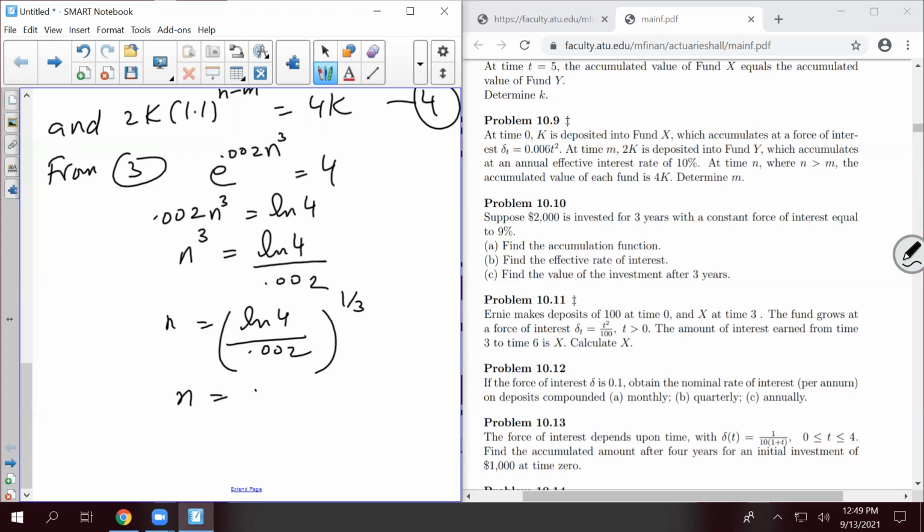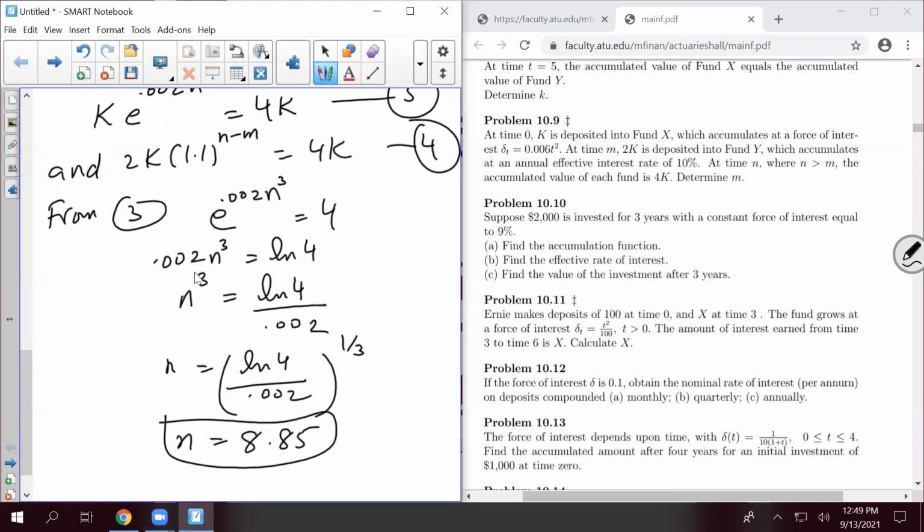Okay. All right, that's good. We got n. And now let's look at equation 4. So this is what it is, again, divide by k.